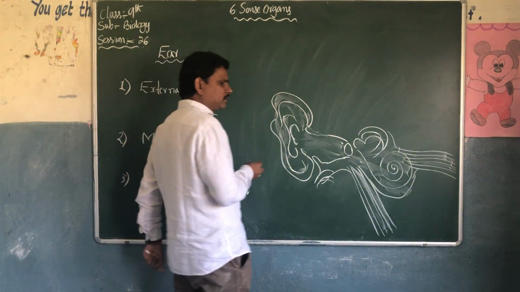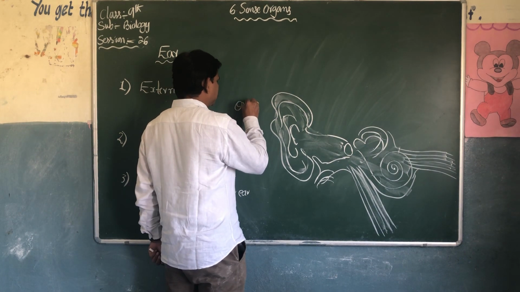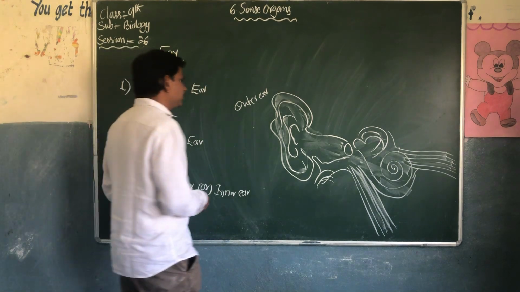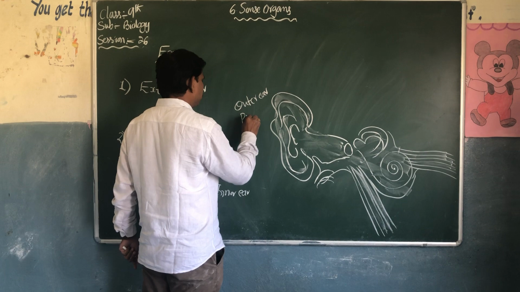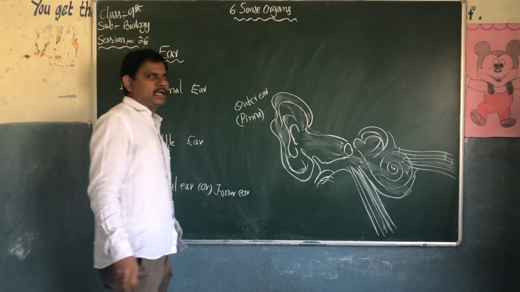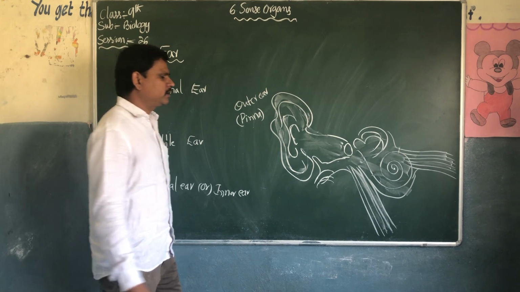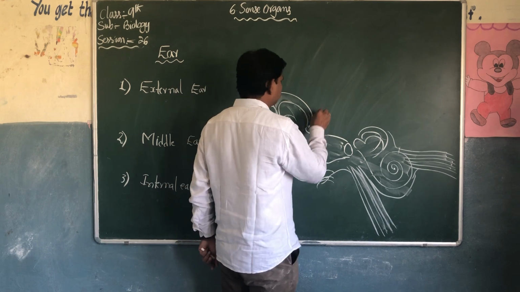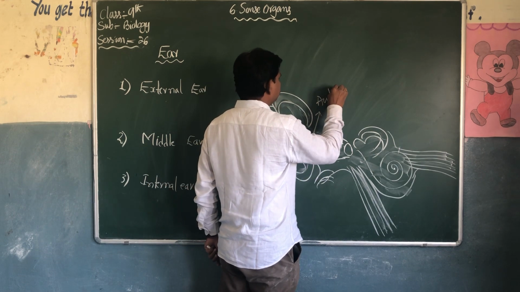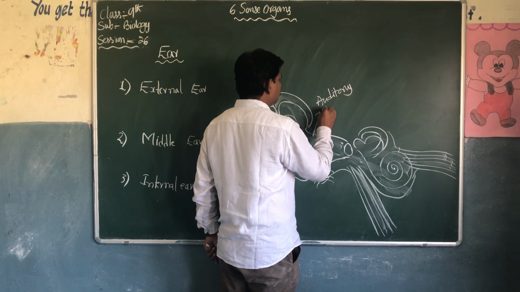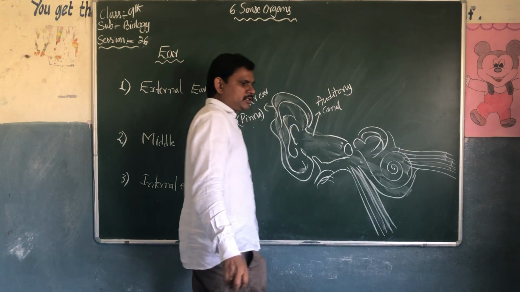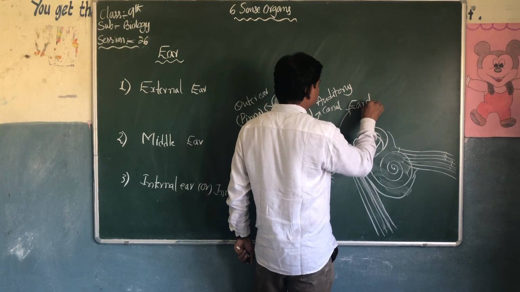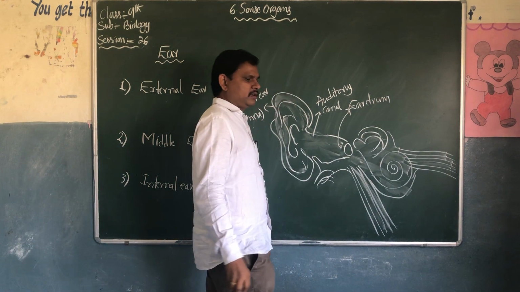The first one is called the outer ear. Another name for the outer ear is the pinna. Next is the auditory canal. Next is the eardrum.